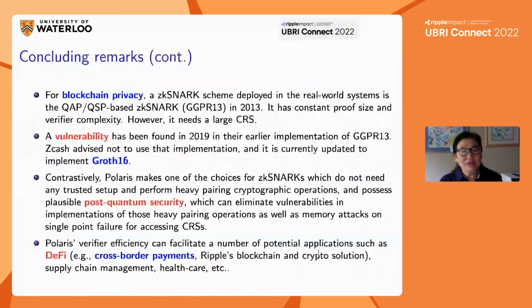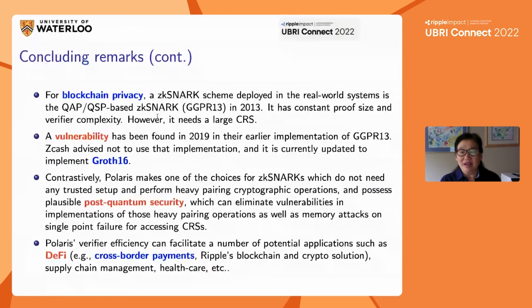And for blockchain security, I think that not many schemes have been implemented in real-world applications. The existing one is QAP-based zkSNARK.